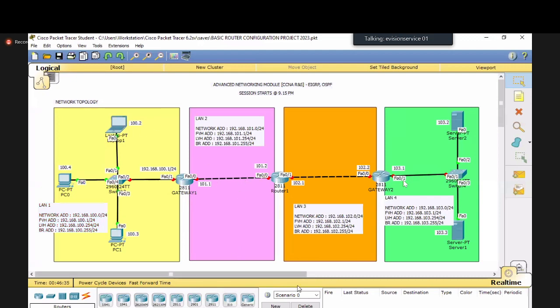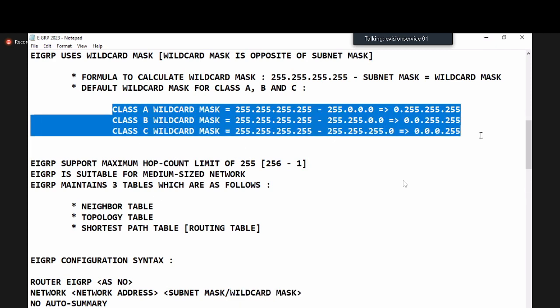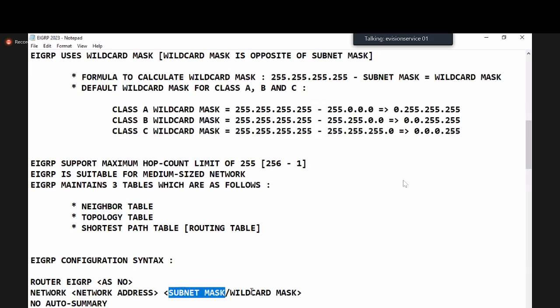Okay. तो ये तुम्हारे नेटवर्क एड्रेस, फिर सबनेट मास्क या वाइल्ड कार्ड मास्क। तो कॉन्फ़िगर तुम्हें जब करना है तुम्हारा नेटवर्क एड्रेस, तो कनेक्टेड नेटवर्क जो जो है वही तुम्हें कॉन्फ़िगर करना है। आइदर सबनेट मास्क डाल दो या वाइल्ड कार्ड मास्क। If you want to use wildcard mask, then you have to perform the calculation of wildcard mask first. Then only you have to write it. Otherwise, you can write the subnet mask and automatically it will be converted to wildcard.